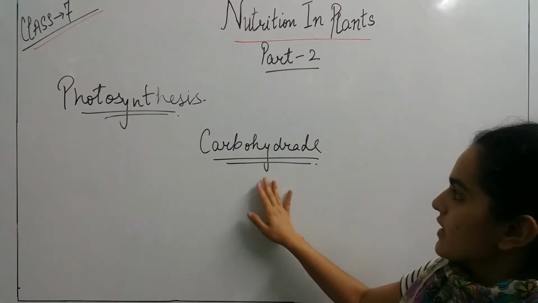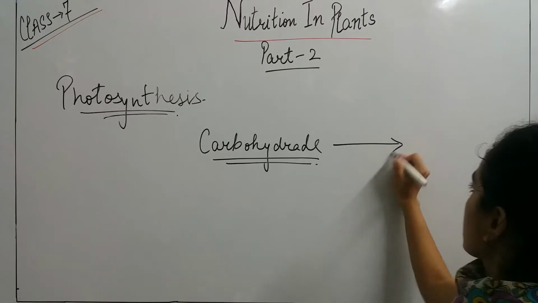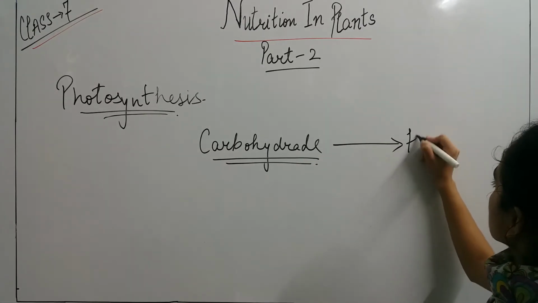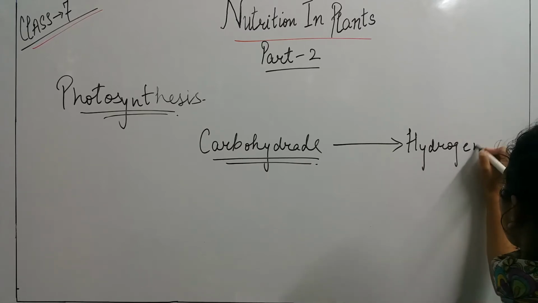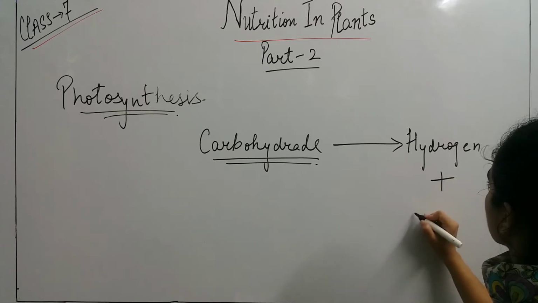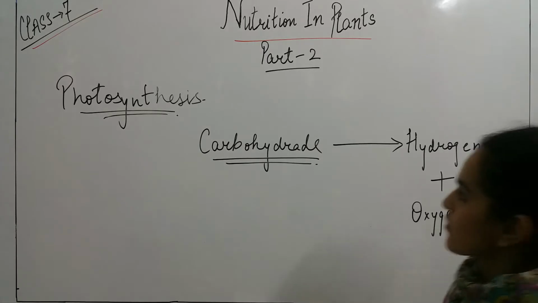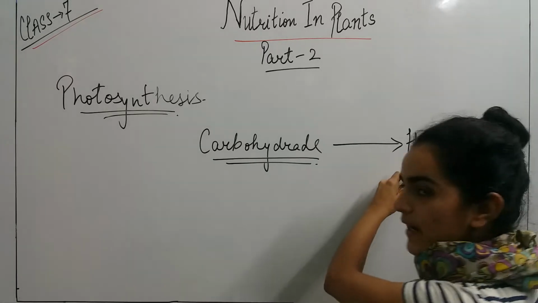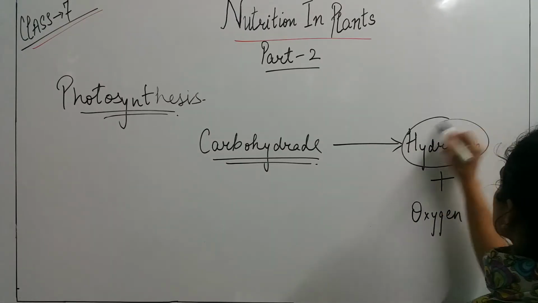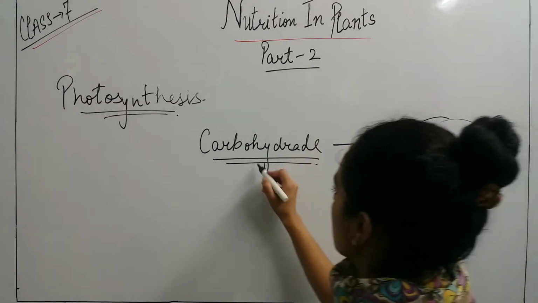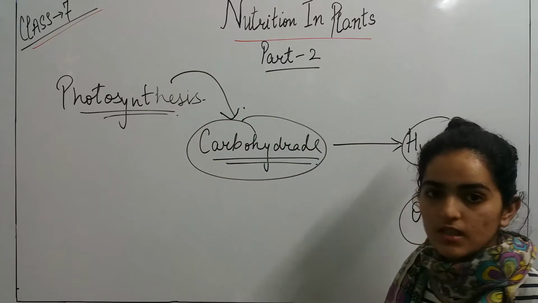तो carbohydrate, किस से बनता है ये? It is made up of hydrogen plus oxygen. Hydrogen and oxygen combine and make carbohydrate. It means hydrogen और oxygen मिलाकर क्या बनाते हैं? Carbohydrate, which is made by the process of photosynthesis.